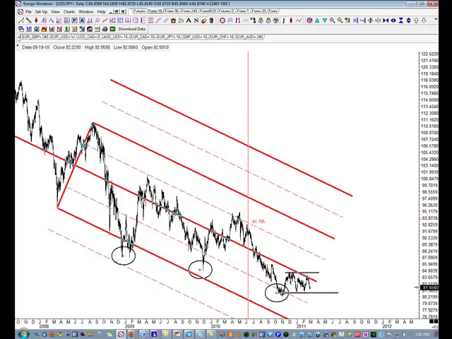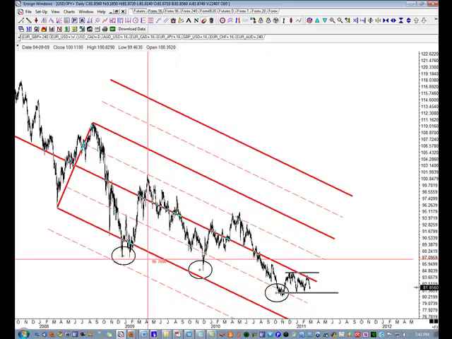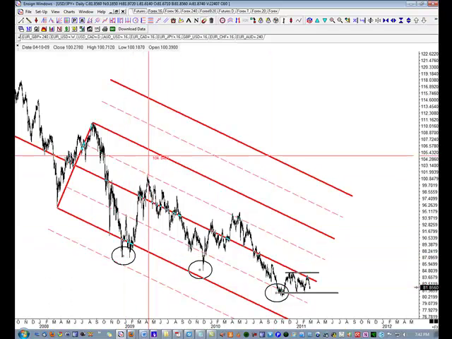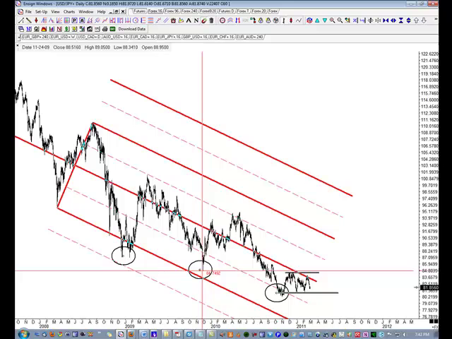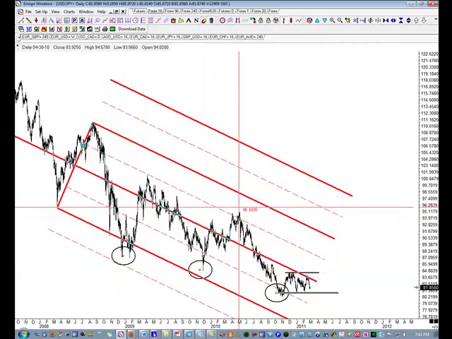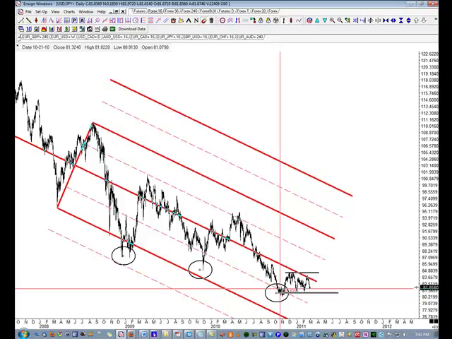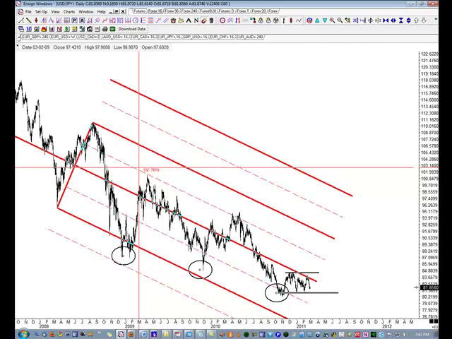These are double tops, and these are higher highs. We made a top, a higher high, a higher low here. Then we made a double top and a higher low. So this thing is turning around.